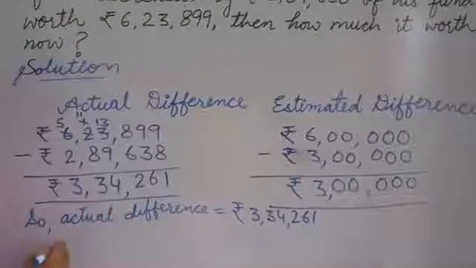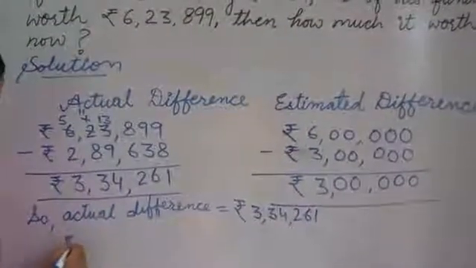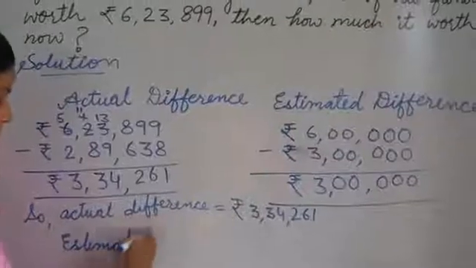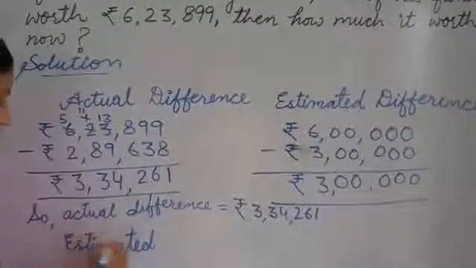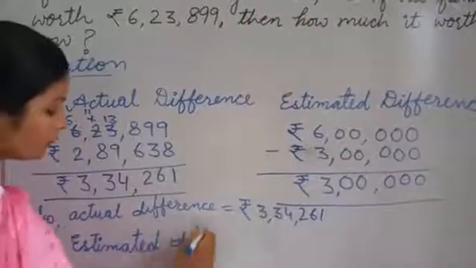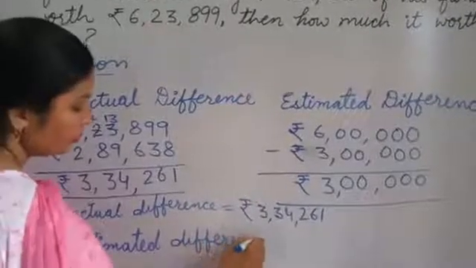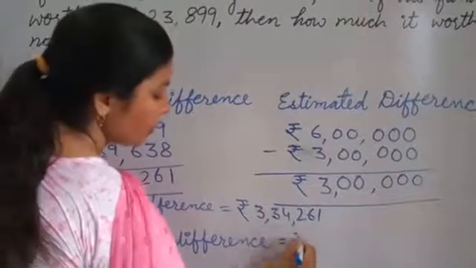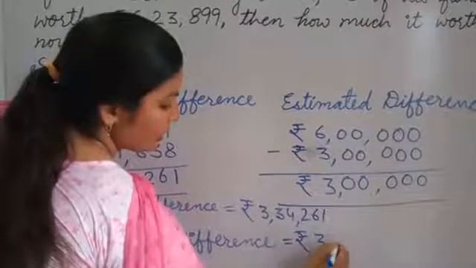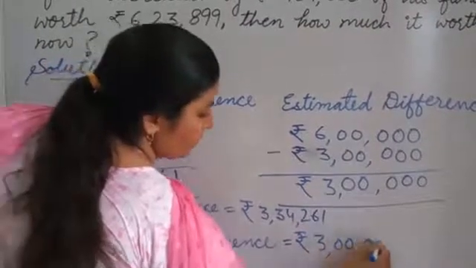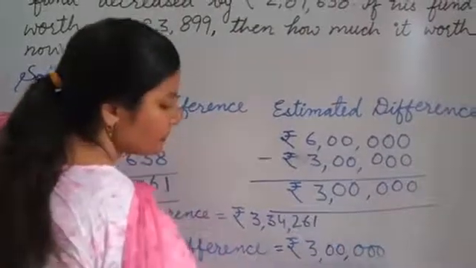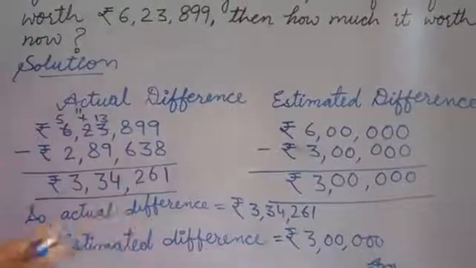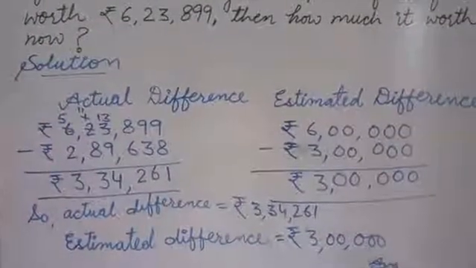Now we write here estimated difference. Estimated difference equals to rupees 3 lakhs. That's your answer. Okay, beta? That is your answer. Like this you have to solve. This is your question number 3.